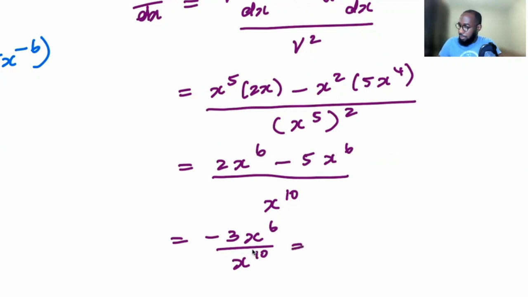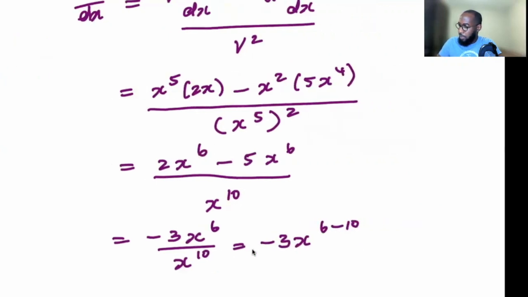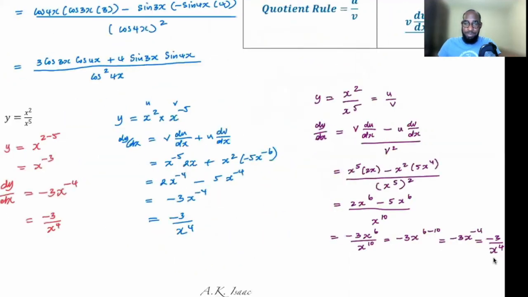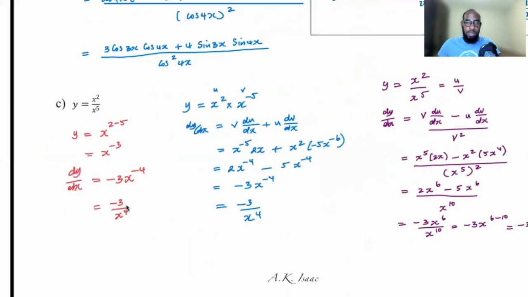So we have negative 3x to the 6 minus 10, that is equal to negative 3x to the minus 4. And we know this is equal to negative 3 over x to the plus 4. All right. So this is equal to this, which is equal to this.